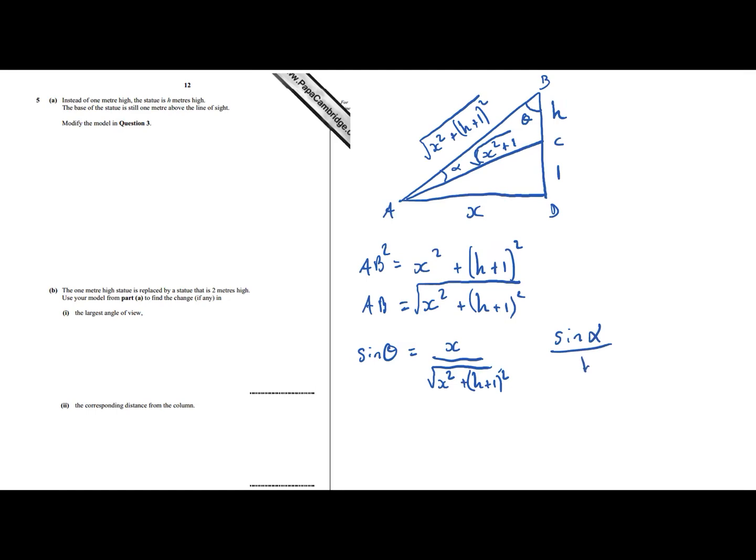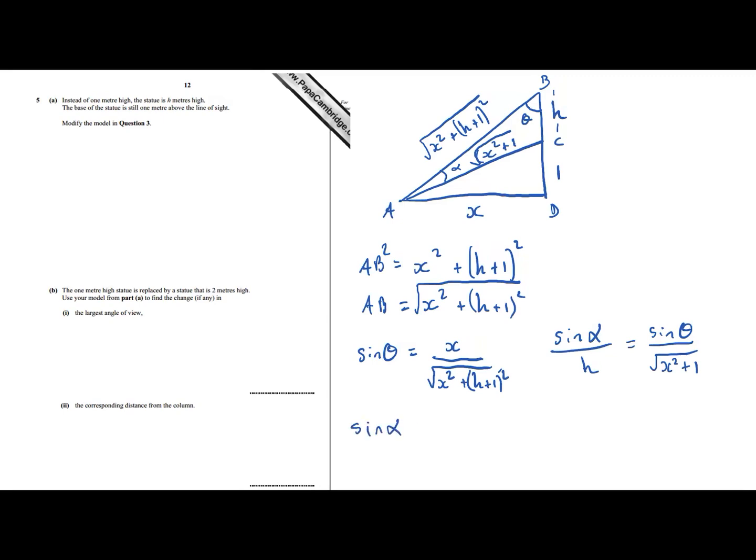Okay, sine alpha over 1, yeah, still, sorry, sine alpha over h, because this distance is now h, not 1, is going to be equal to sine theta over the square root of, sorry, this one is, yeah, that's right. So that's going to be x squared plus 1.